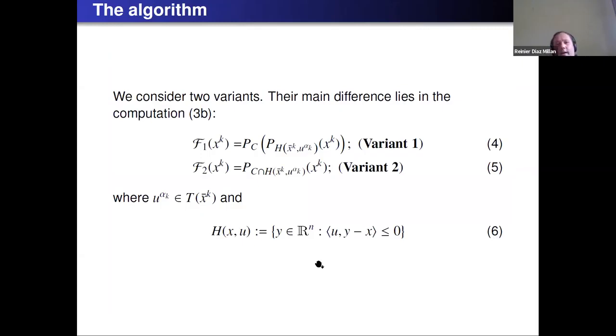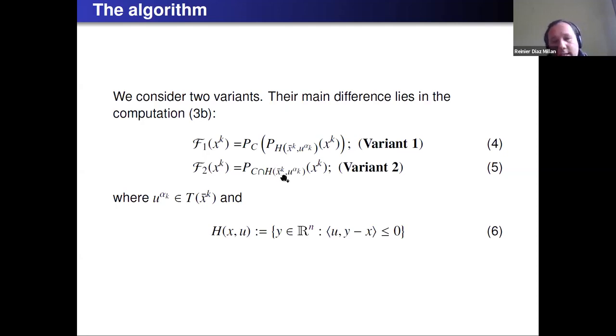There will be two variants. In the first variant, we compute sk plus 1 by projecting xk on the hyperplane defined in 6. This is the first variant: project first on the hyperplane, and after that we project on C. And in the second variant, we project directly onto the intersection of C and the hyperplane.